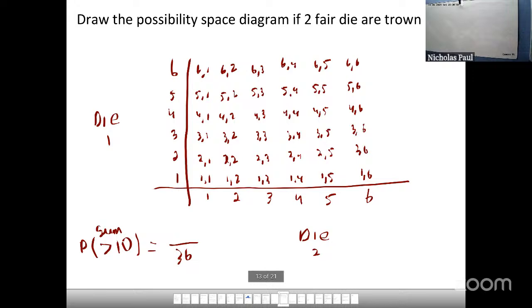Find the probability of obtaining a sum more than 10.